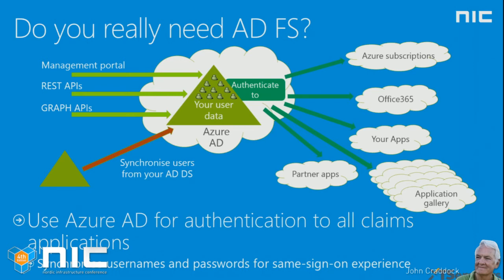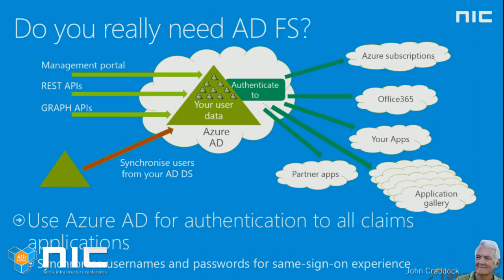Question: how does this work in the app scenario? In terms of the app scenario, what you'll be using is OpenID Connect, which Azure supports very well, and you'd be using OAuth 2 as the actual authentication protocol. And with Azure that's fully enabled.